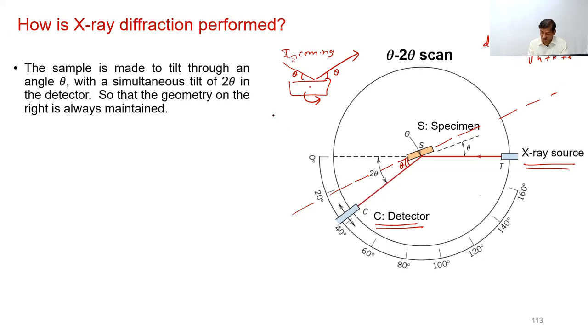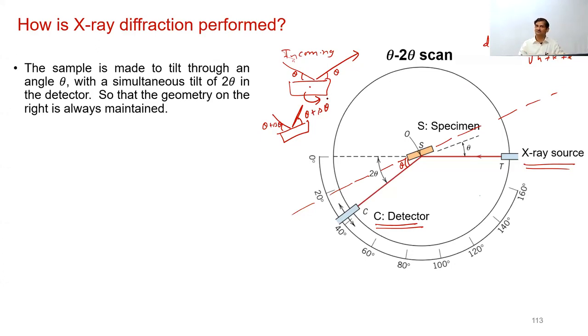So the new situation will be: this becomes theta plus delta theta. But in order to keep that same angle, theta plus delta theta, between the detector and the sample surface, I want this to be theta plus delta theta. That's why I will need to tilt the detector by 2 times delta theta, just because of the geometry.